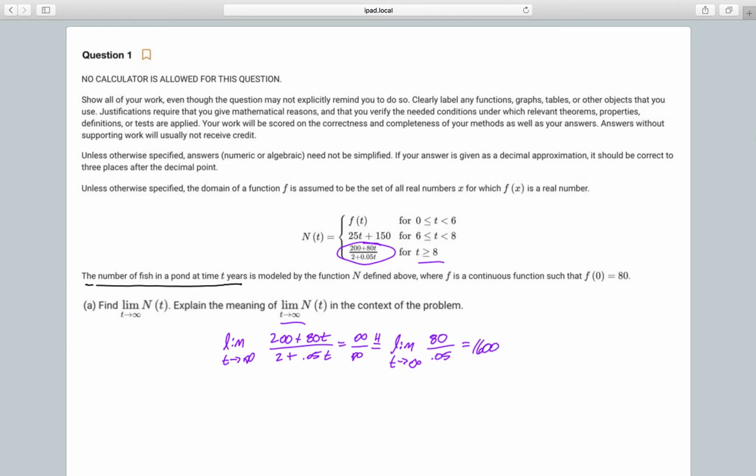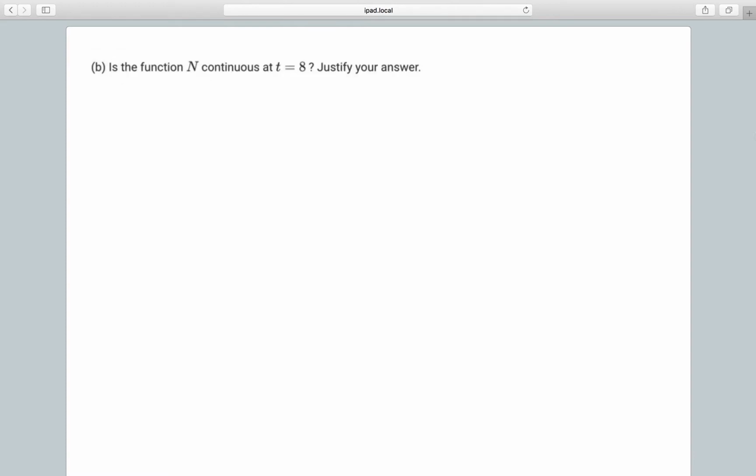Then it says interpret in the context of the problem, so I'll just say as years go on, the fish population approaches 1600.